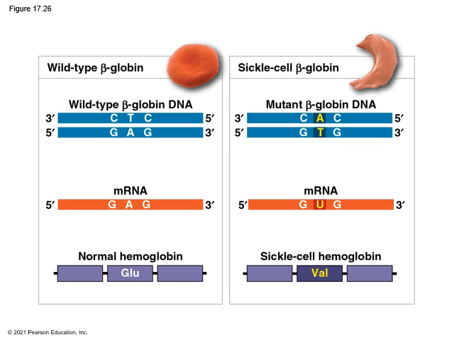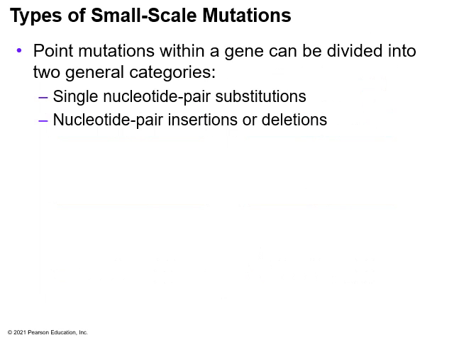Doesn't sound like a big change, but it is enough that the primary sequence has changed, the secondary, the tertiary, the quaternary, and you're going to have a completely messed up red blood cell and all those developmental issues and long-term health issues associated with sickle cell disease.